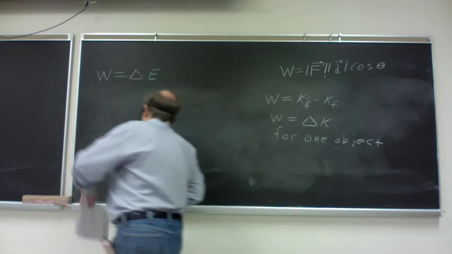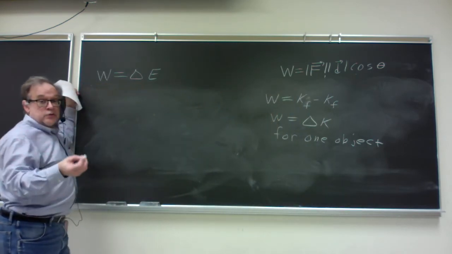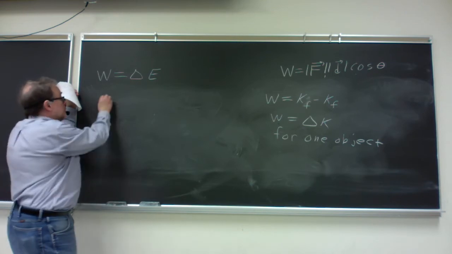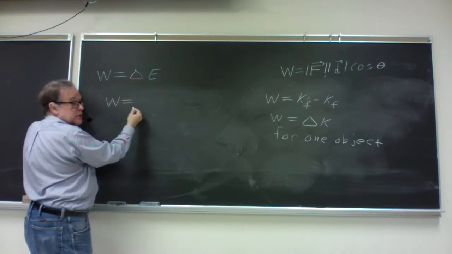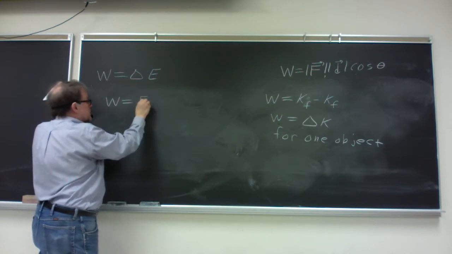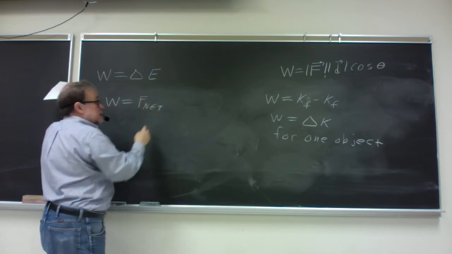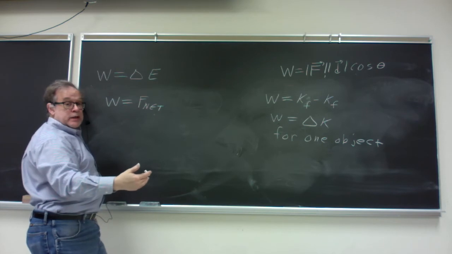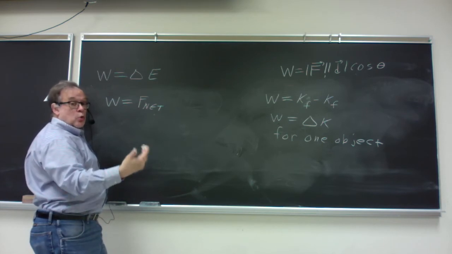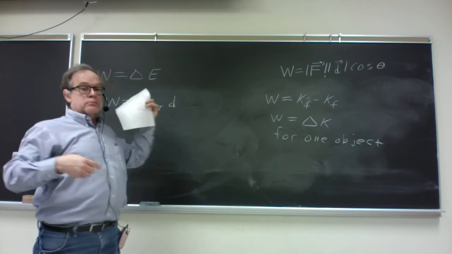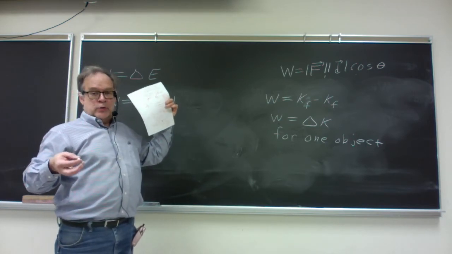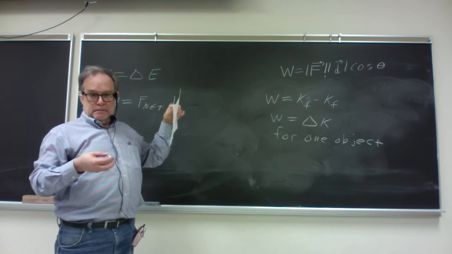So, go back to our defining equation for work. Work is just the magnitude of the net force that's acting on the object times the magnitude of the displacement that the object has while it's feeling that net force, times cosine of the angle between the displacement direction and the force direction.